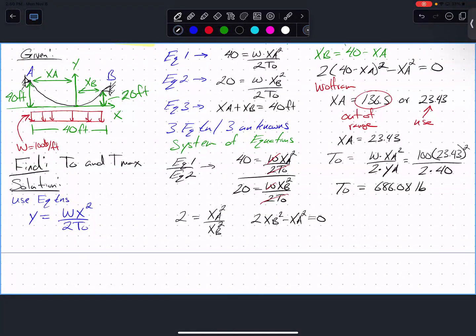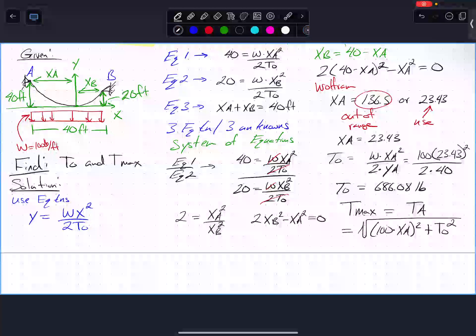And then we have to find T max. Where is T max? At A or B or C? At A, at the steepest slope, at the highest point. So we know that T max is at TA, which is going to be equal to the square root of 100 times xa squared plus T naught squared.